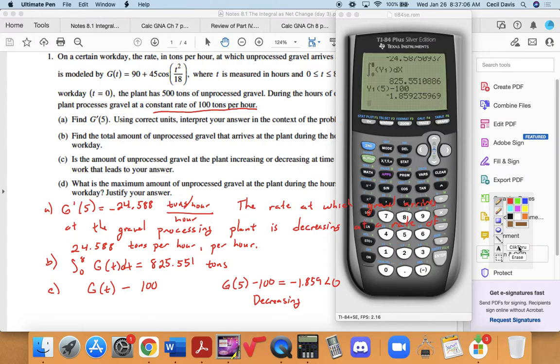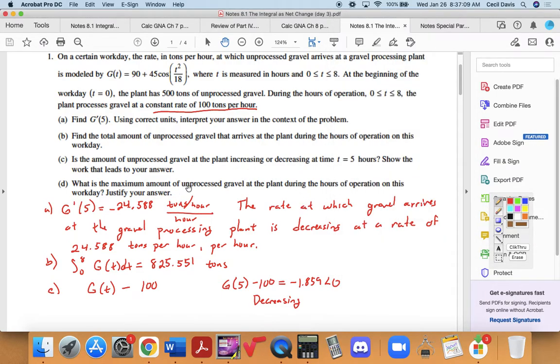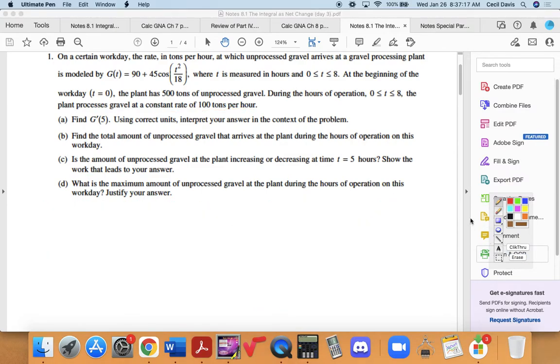All right. So then here's the next part. What is the maximum amount of unprocessed gravel at the plant during the hours of operation on this workday? Justify your answer. All right. So the amount of gravel is going to be equal to, oh, what are you starting off with? 500 plus the amount that has come in.